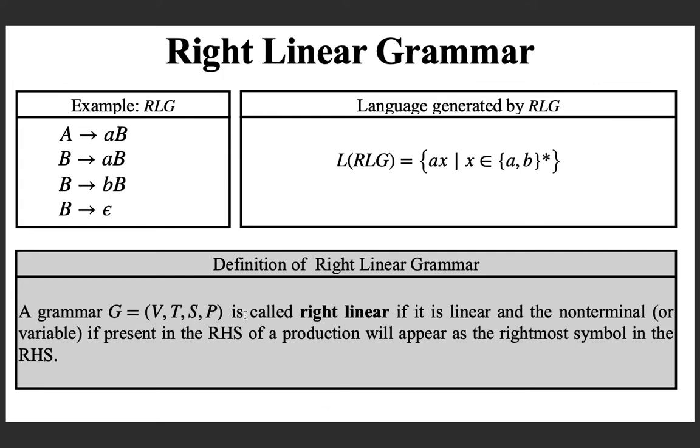The definition is this: a grammar G is called right linear if it is linear and the non-terminal or variable, if present in the RHS of a production, will appear as the rightmost symbol in the RHS. This must be the case for every production or rule.